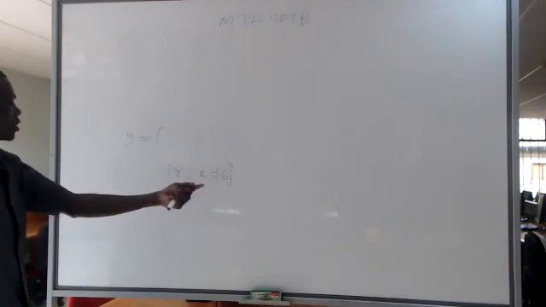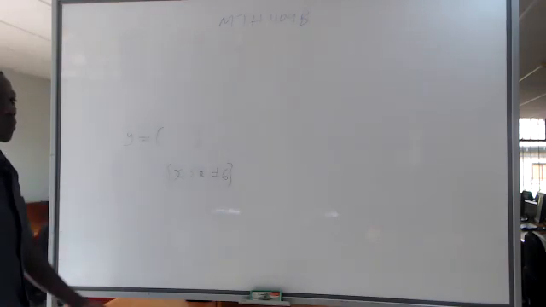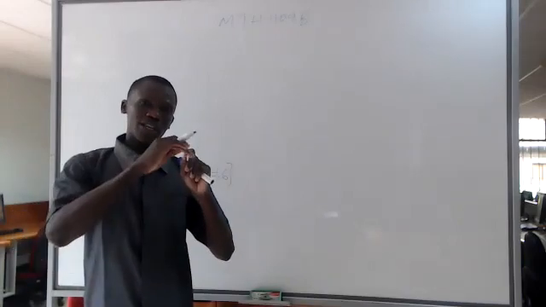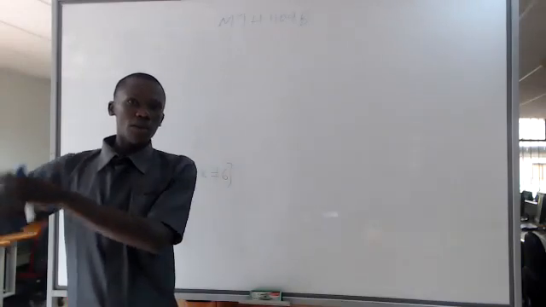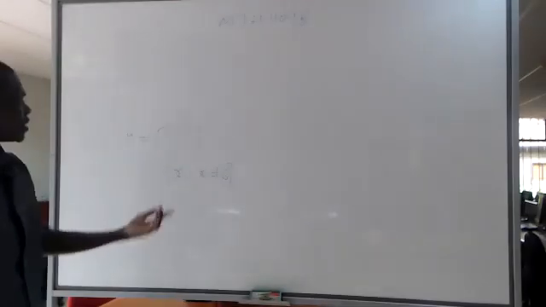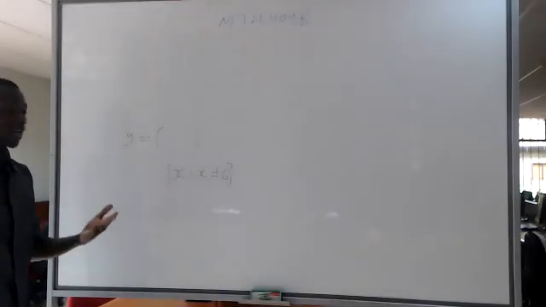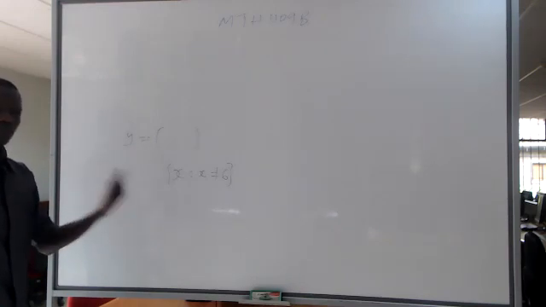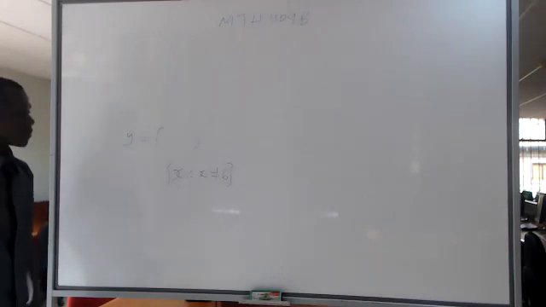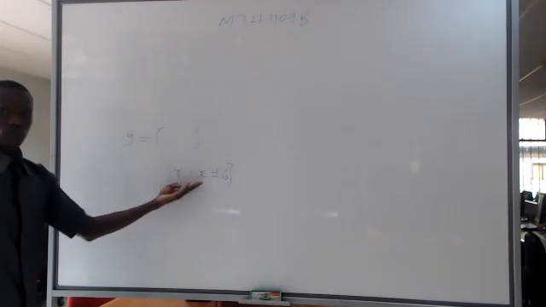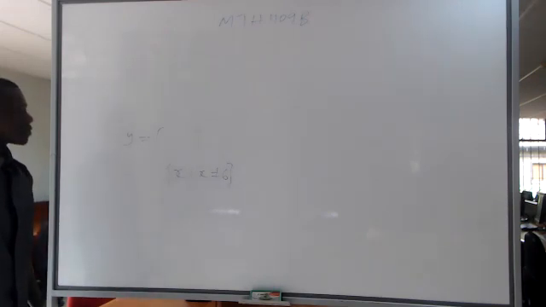You don't just go about writing x, y, z without defining them. That's why on the instruction page I made it clear that for this quiz, the letters x, y, a, b, c, d represent real numbers. You must always define the symbols that you use. Mathematics is like a language, so someone reading this must be able to understand which language you are speaking. That's why it's always advisable to define the symbols and the variables that you use.